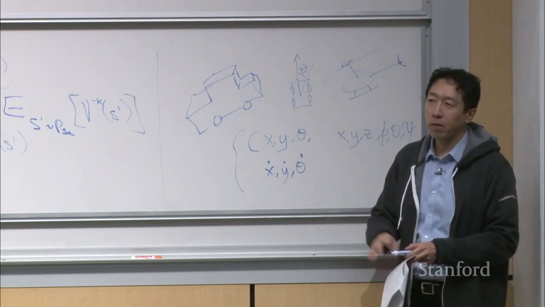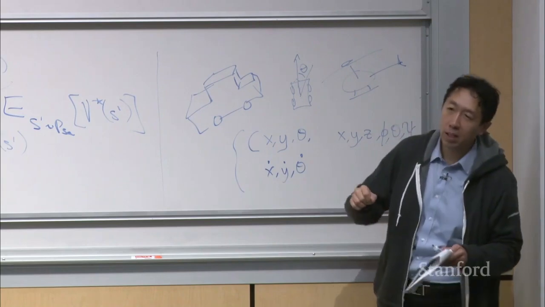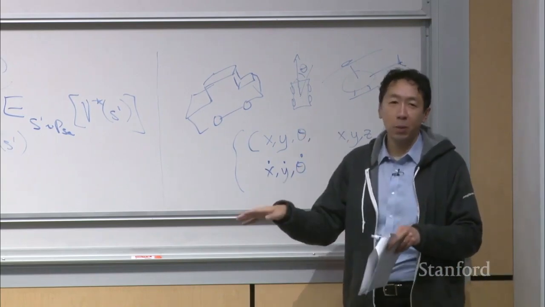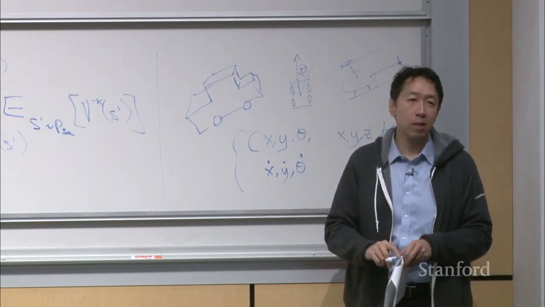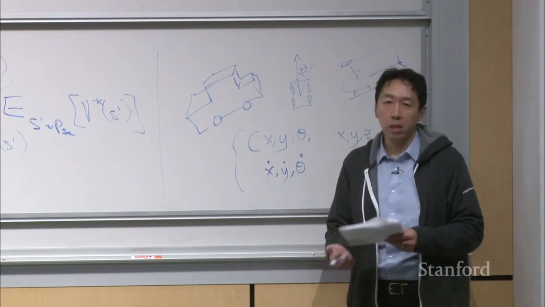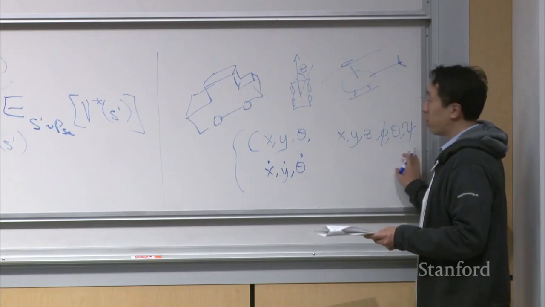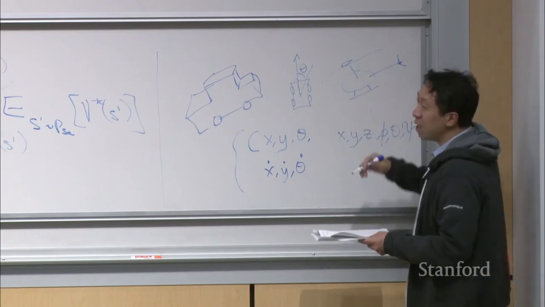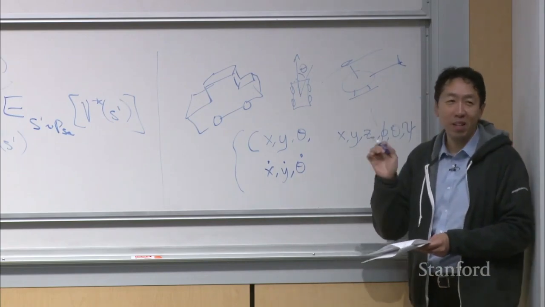If you're in an airplane, roll is, are you rolling to the left or right? Pitch is, are you pitching up and down? And yaw is, are you facing north, south, east, or west? So this is one way to turn the three-dimensional orientation of an object, like an airplane or a helicopter, into three numbers. The details aren't important; if you actually work on a helicopter, you need to figure this out.